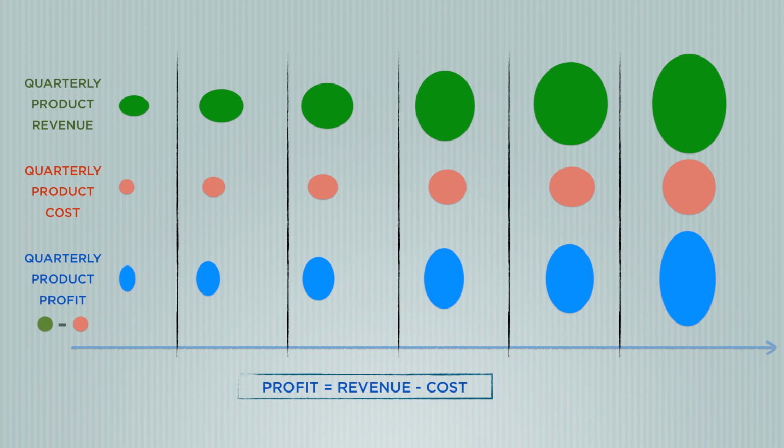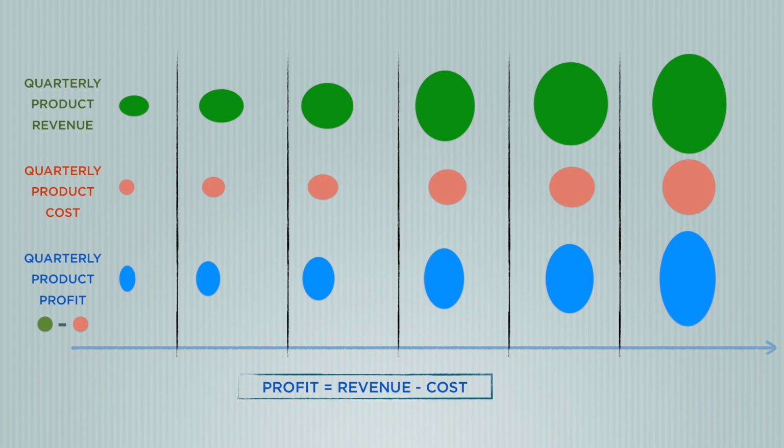And so all the red bubbles that you see going from one quarter to another are increasing because the number of units you're shipping is also increasing, and the total cost, and these are dollar costs. Then profit is fairly straightforward. You just take the revenue and remove the product cost from it, and you get the quarterly profit.